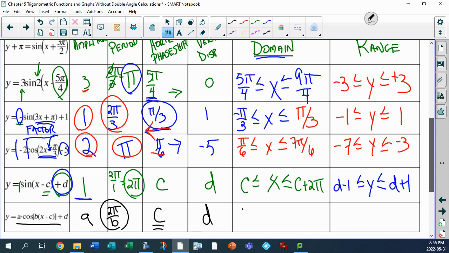So this is going to be C plus 2 pi over B. There's the period. Cool, isn't it? Okay, and your displacement is D. Don't forget, your amplitude is A. So it's going to be from D minus A all the way to D plus A.